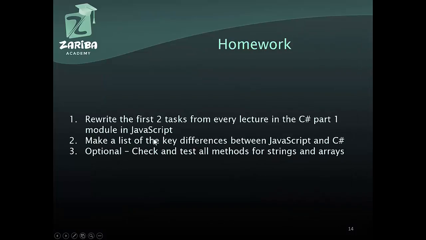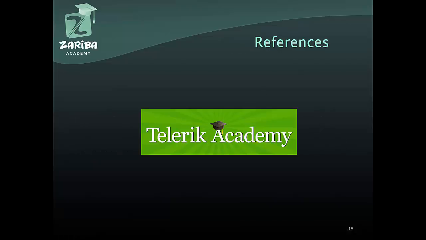Also, make a list of the key differences between JavaScript and C#, like a cheat sheet, so that once you start typing and you wonder, well, in C# it was this way, how is it in JavaScript, it will be easier to just check your table or your list. That way you can transfer more easily from C# to JavaScript.